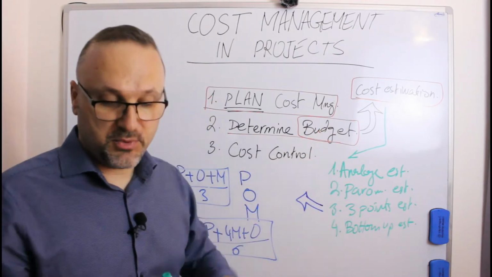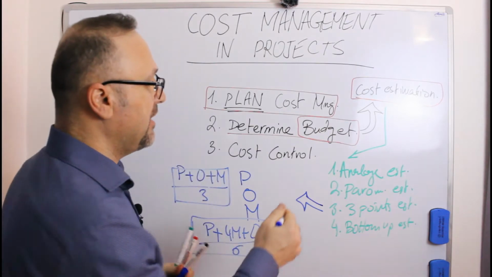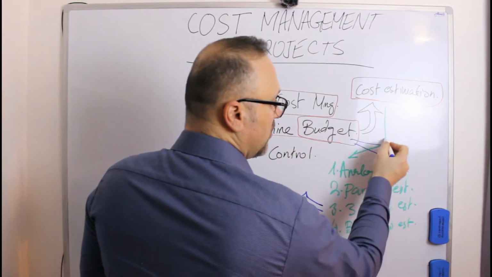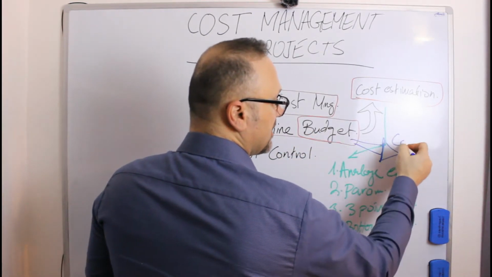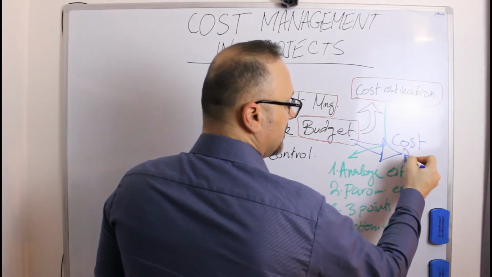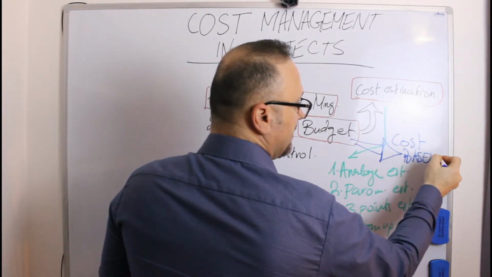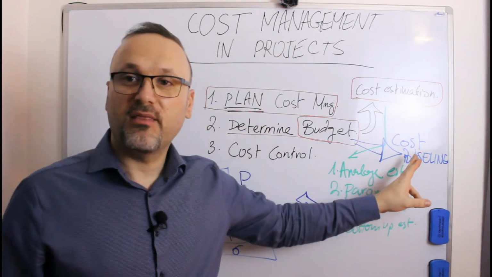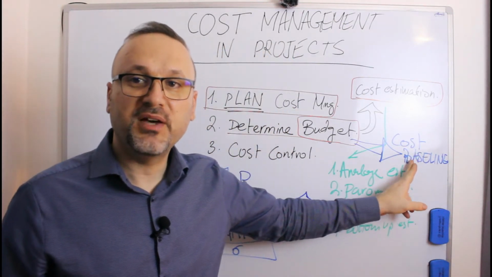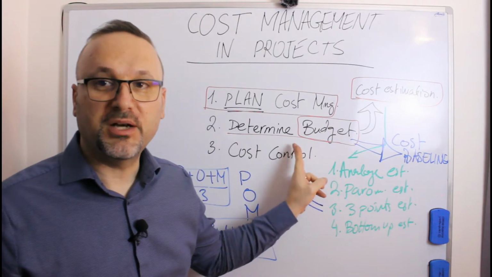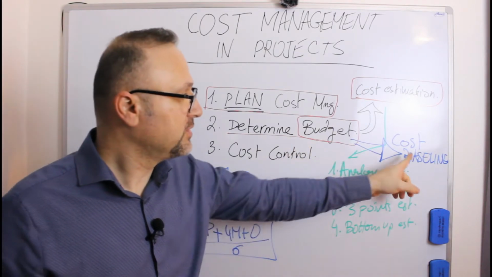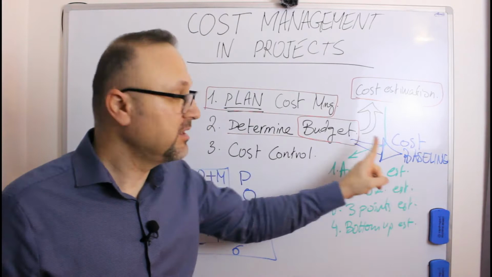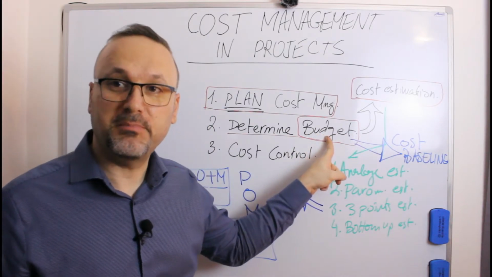Once you get it approved, then the approved budget, we call this as cost baseline. Cost baseline is the approved version of the budget.